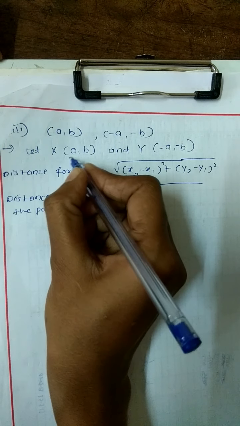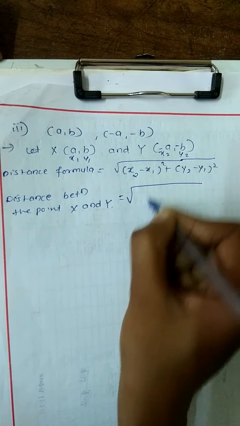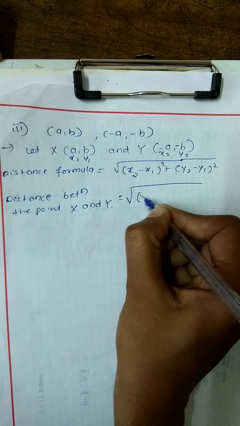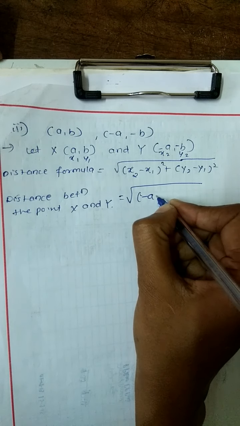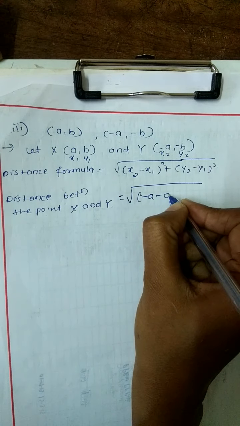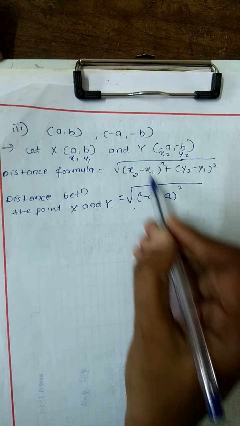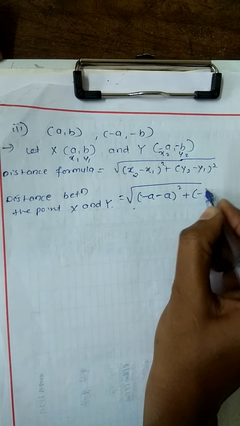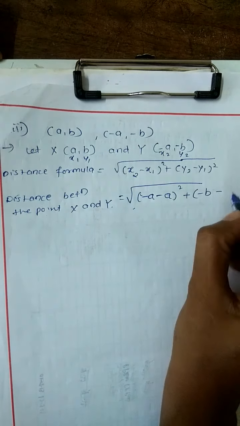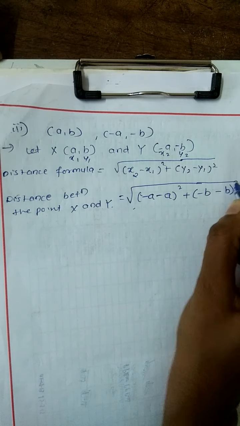So here you have to write x1, y1 and x2, y2. x2 is minus a, subtract x1 which is a, squared, plus y2 is minus b, subtract y1, which is b, squared, under the root.